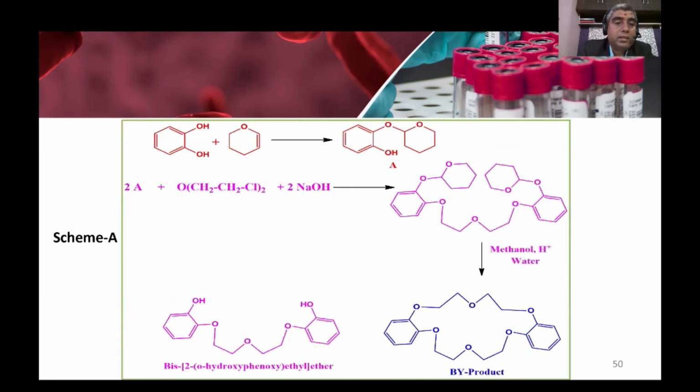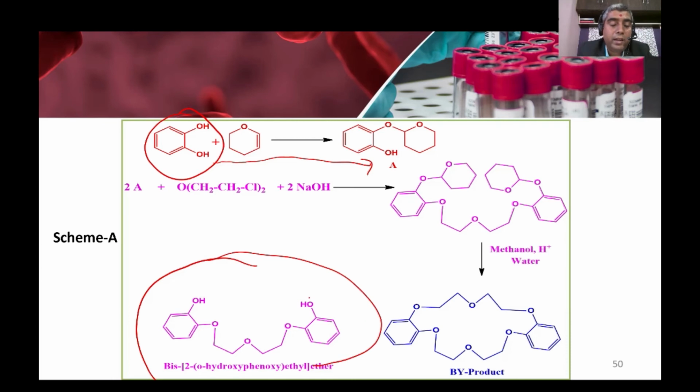So this is resorcinol (catechol), and starting from this route, they get the final product. This is the quinquedentate ligand bis(2-orthohydroxyphenoxyethyl) ether.